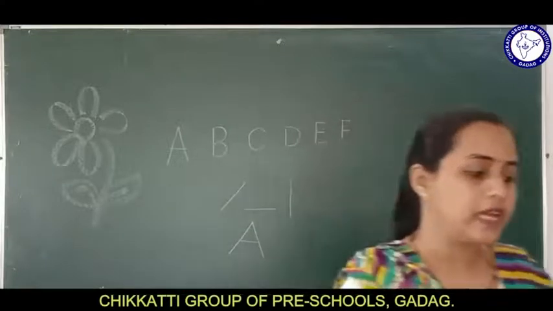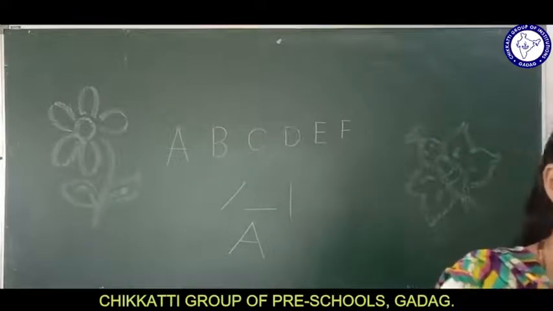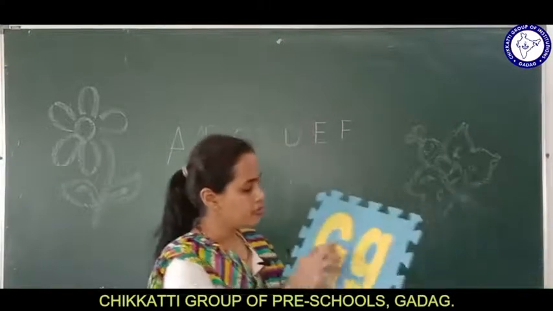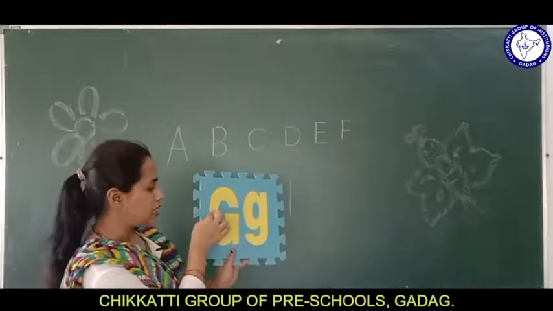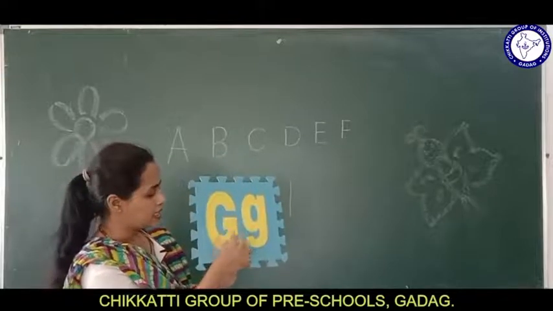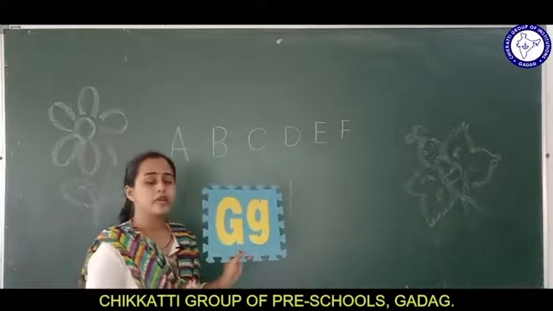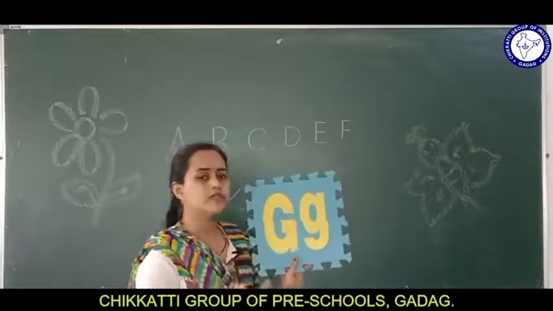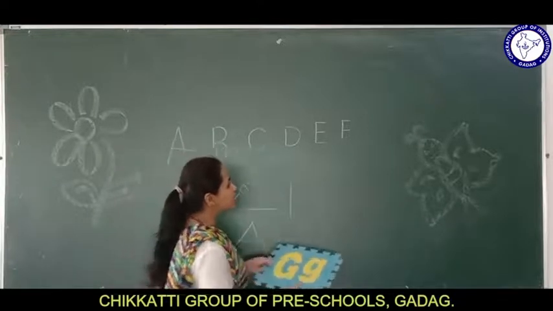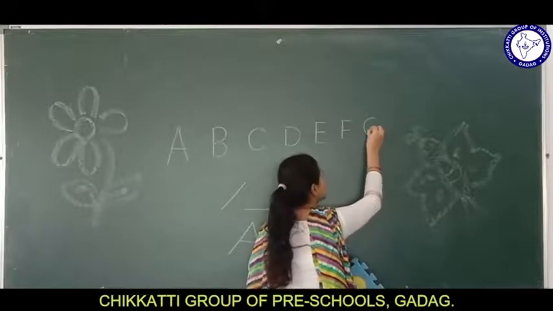After F, it's G. Here we go for G. Curve, standing line, then sleeping line, right? We can write G in two different ways. One can be like this: curve, standing line, then sleeping line.